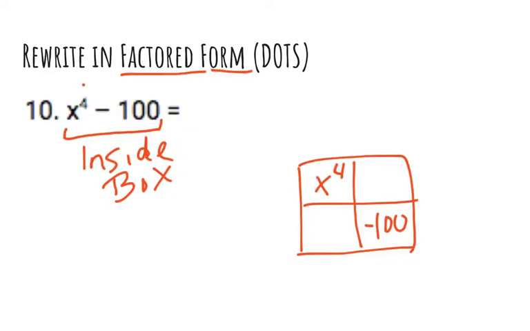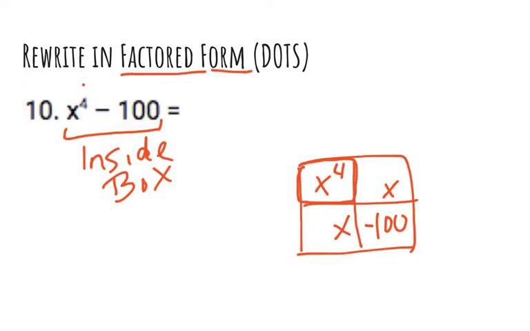Now, this is going to be a difference of squares. I don't have a middle term because something happens with these x's to cancel them out, just like in the last slide where we had 2x minus 2x.